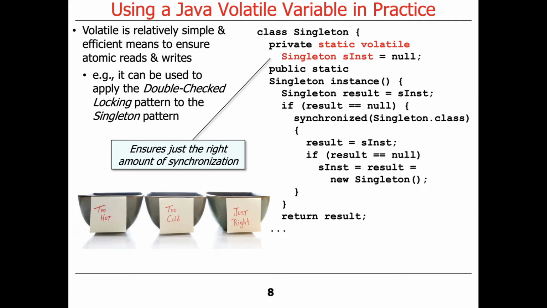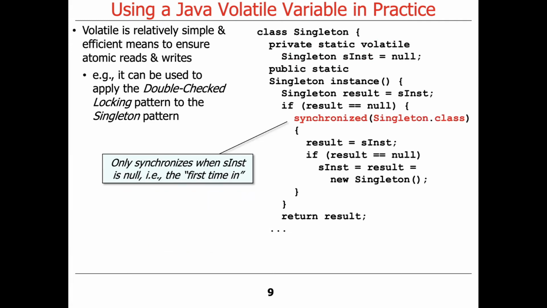By making this static field sinst volatile, it ensures just the right amount of synchronization. We only synchronize the first time in. Let's say 5 threads all show up at the same time, calling instance on a singleton.